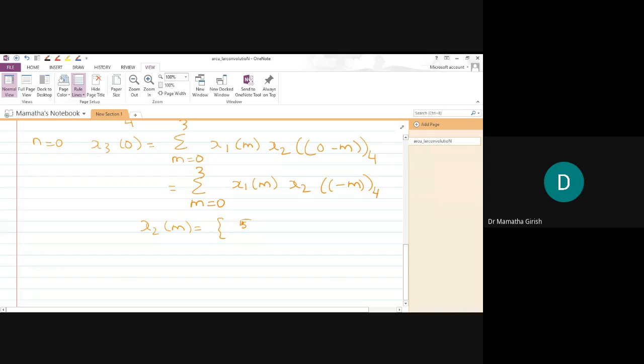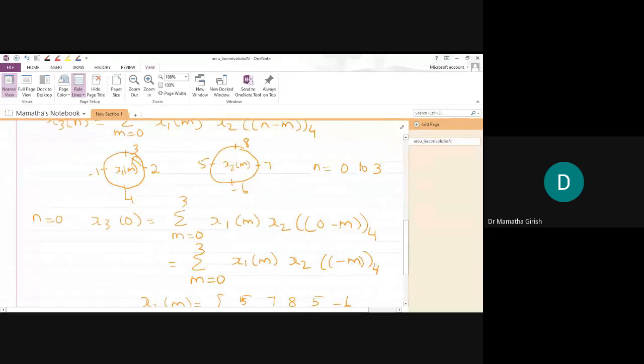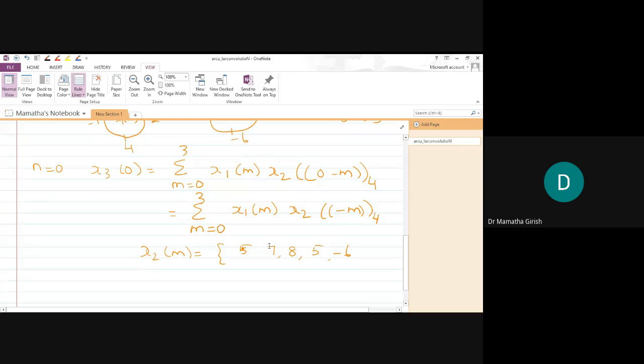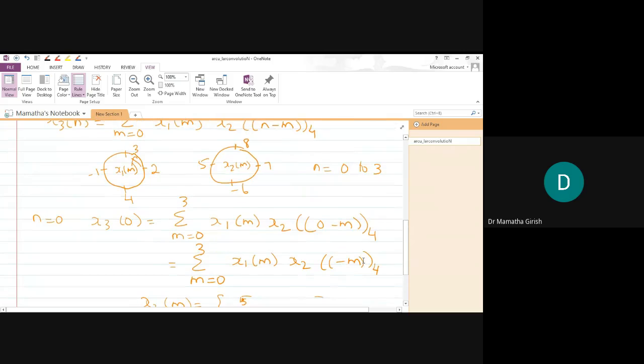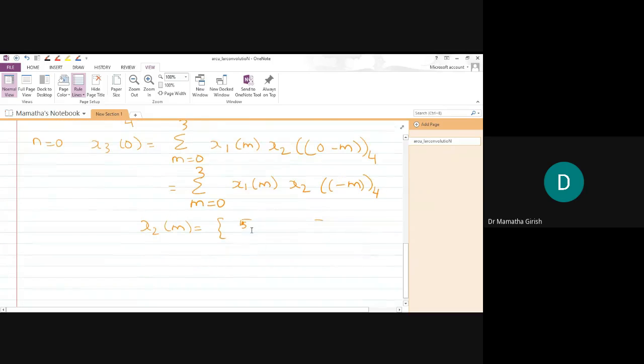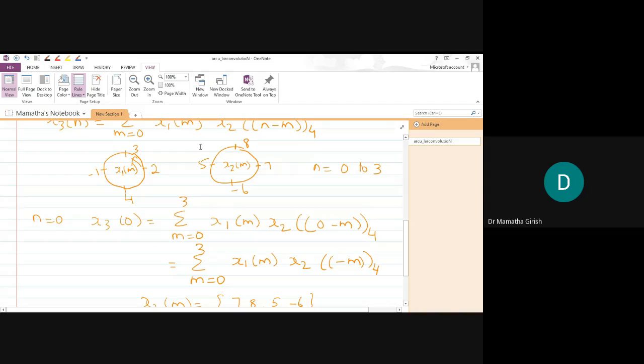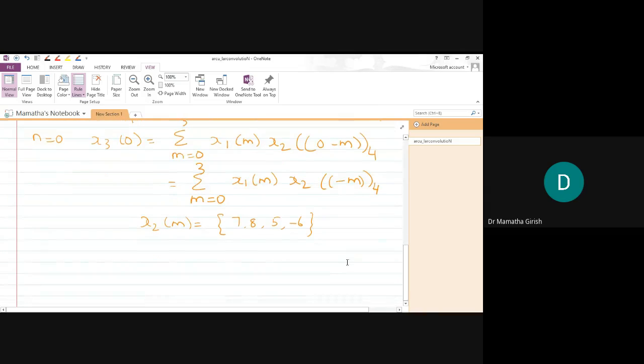If I have represented this sequence in the anti-clockwise direction, to get x2 of minus m on the circular scale, you start from the first sample, 7.